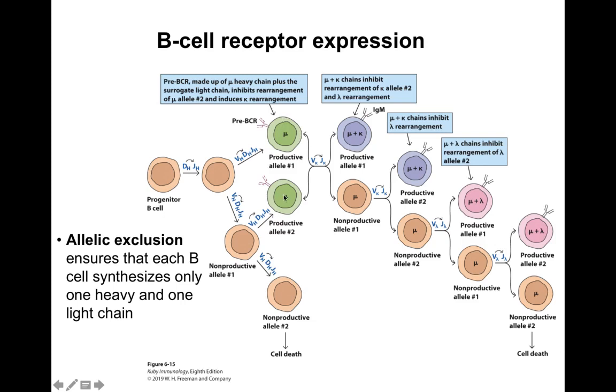So if it gets a productive heavy chain, it's called a pre-B cell receptor because it's matched with a surrogate light chain. And then it will rearrange the light chain genes, and it usually does the kappa genes first.